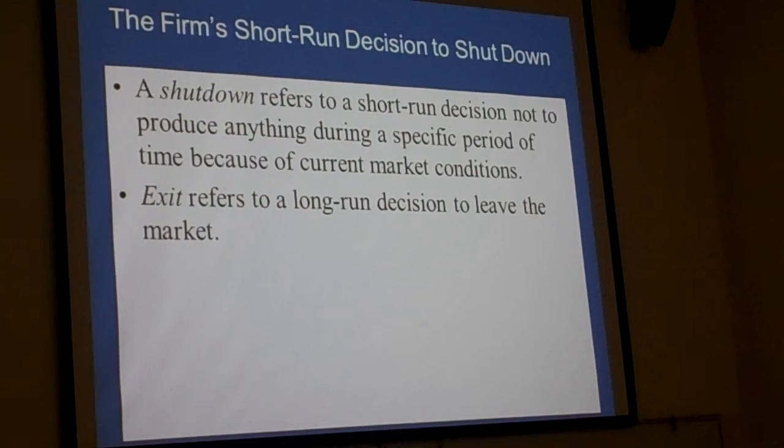I'll explain all that in a second. The definition here is a shutdown is when you don't produce anything for a while because you're not paying for your variable cost, due to current market conditions. A firm exits the market for good when operation doesn't pay for total cost. I'll explain all that in a minute.